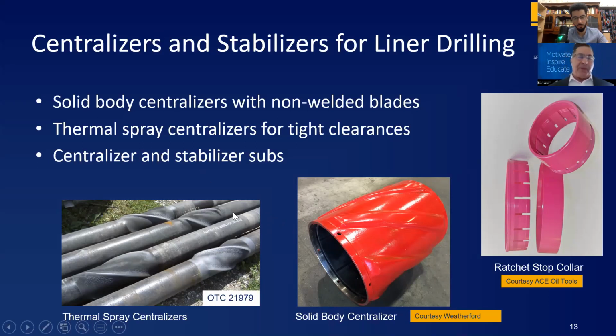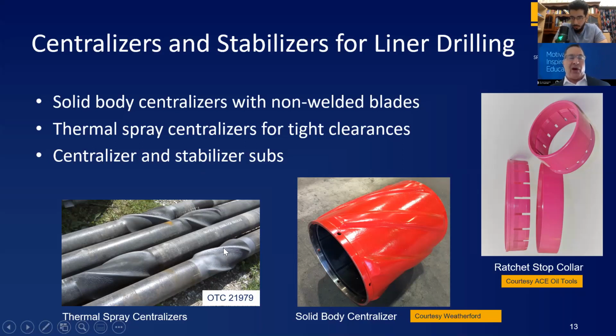So there's a company called Weartech. They have a thermal spray application where they actually spray molten steel onto the outside of the casing, and it builds up or custom makes the centralizer height to whatever specs you need it to. It does not have a body.